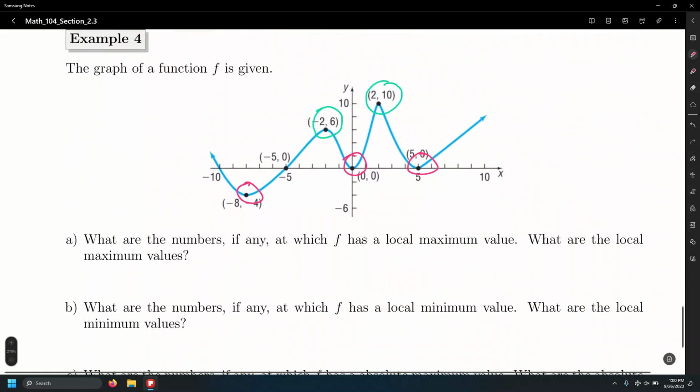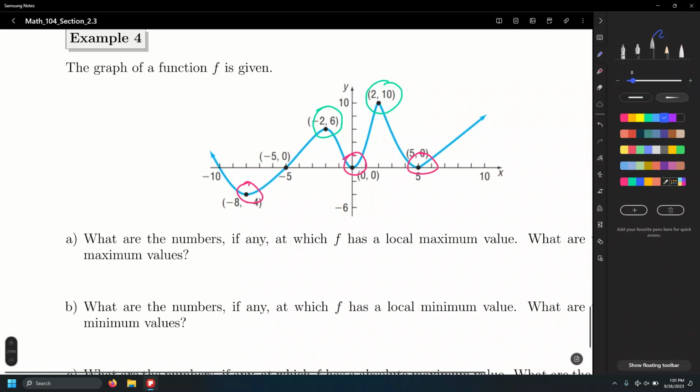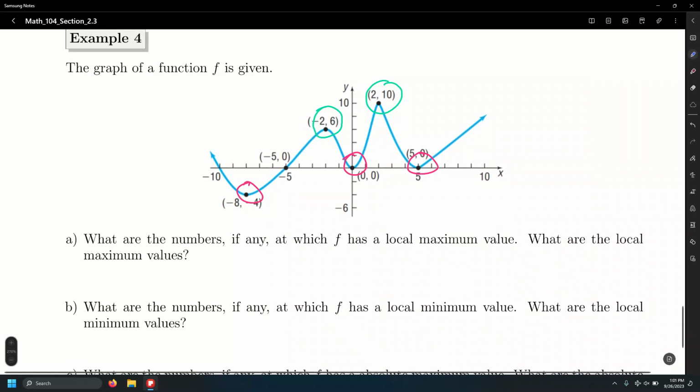Let's answer the questions here. What are the numbers? First of all, be careful with the wording of the question. What are the numbers, if any, at which f has a maximum? Here they're asking us for what values of x we have local maximums. Again, what's the value of x at which we have a local maximum? Just the value of x. Negative 2. So x equals negative 2.